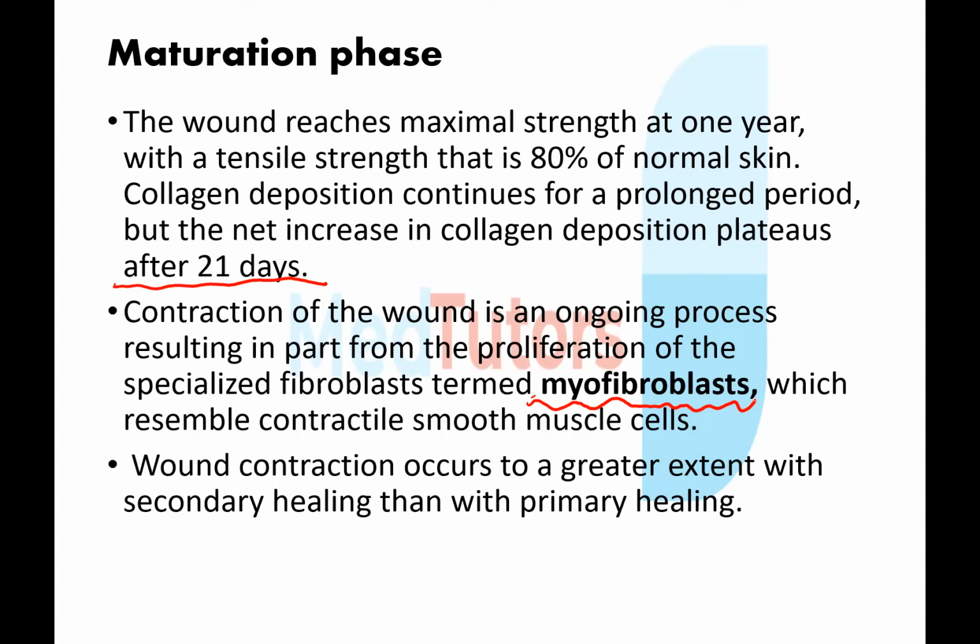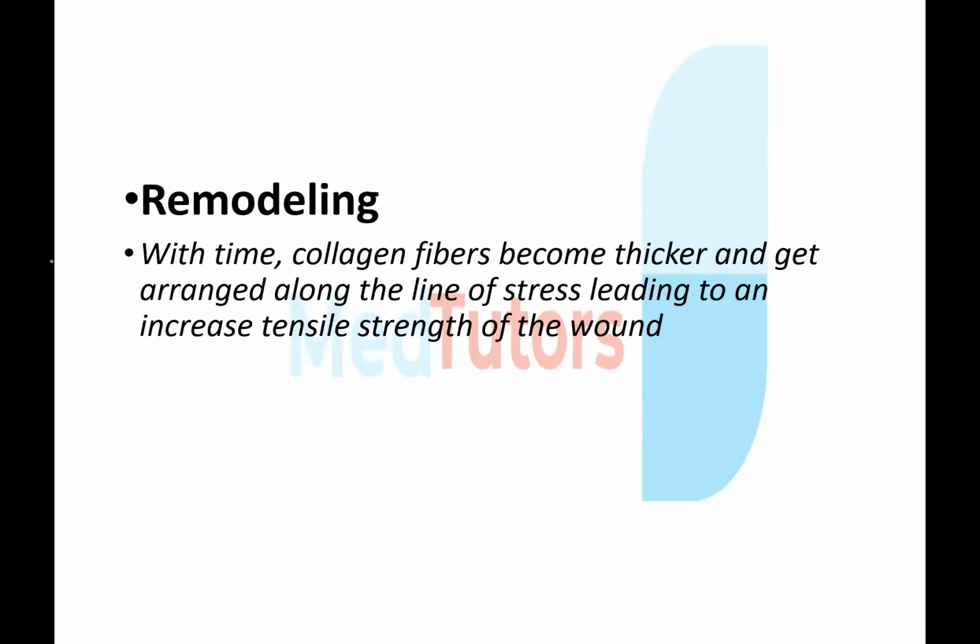So they are abundant in the proliferative and maturation phase where you have contraction of the wound. The wound contraction occurs to a greater extent with secondary healing than in primary healing.